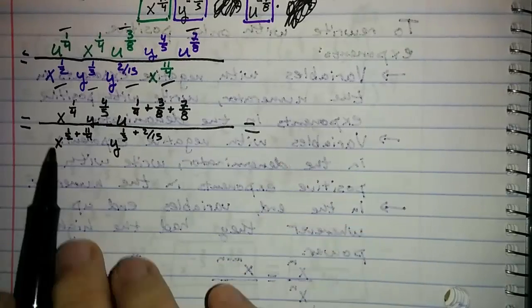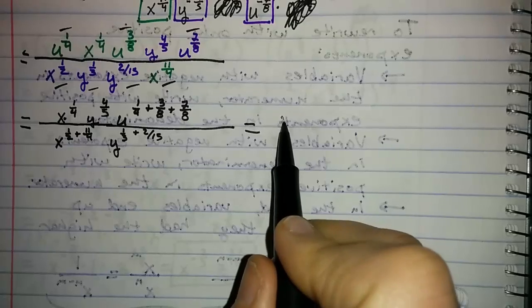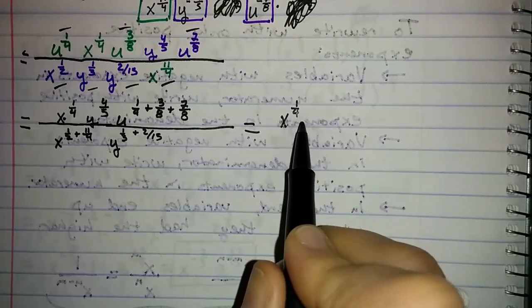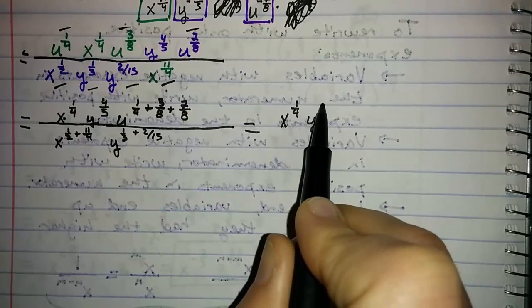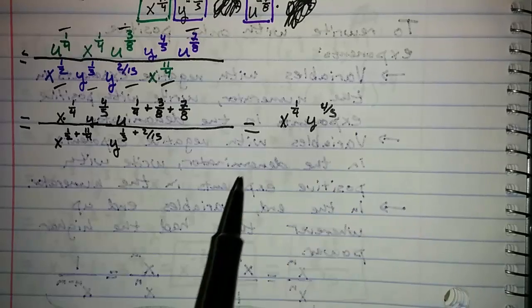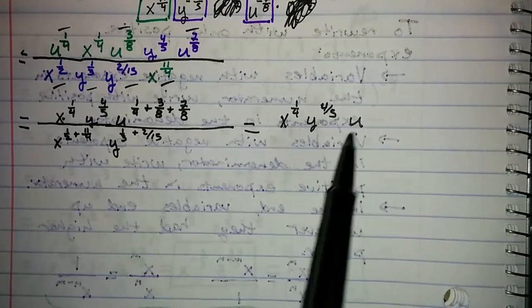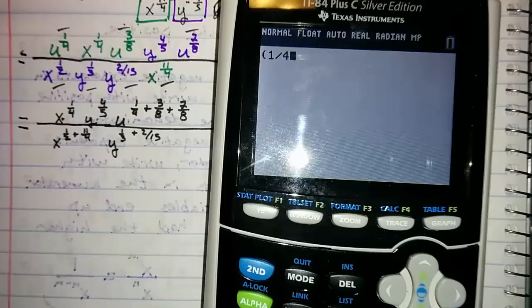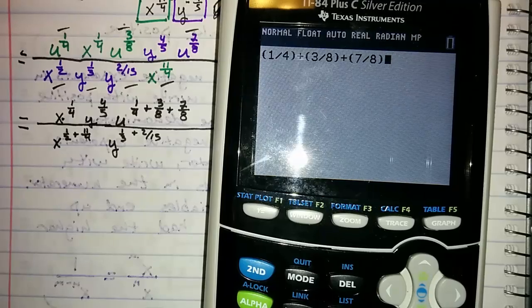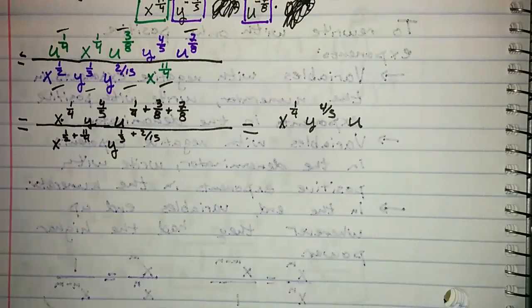Going through and actually doing that addition, I've just got x to the 1/4. I've just got y to the 4/5. I've got u to the 1/4 plus 3/8 plus 7/8. That's 3/2.